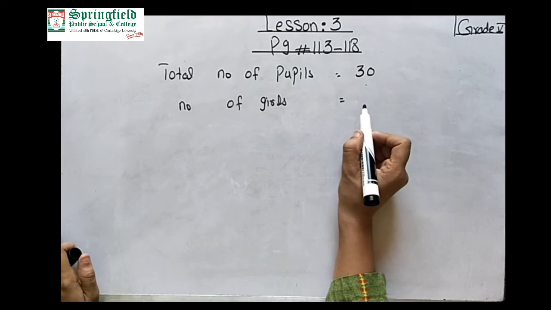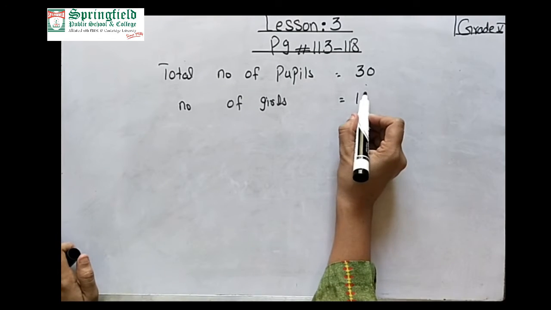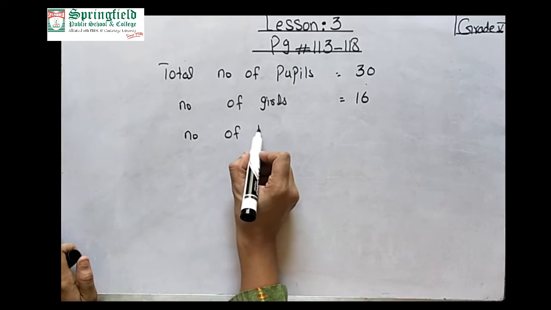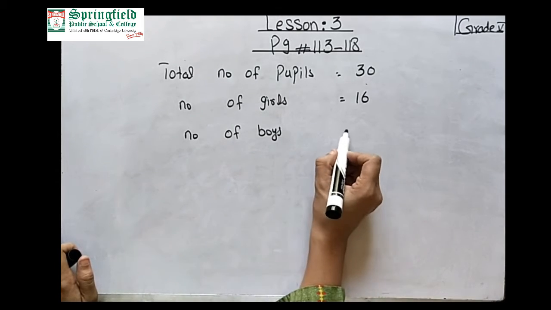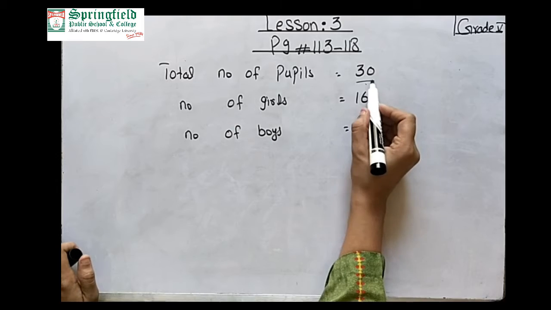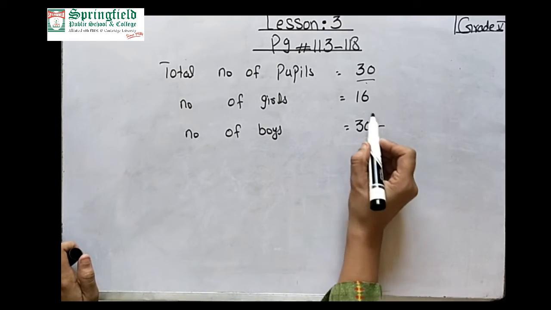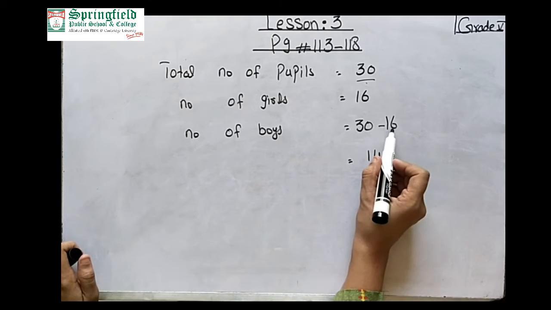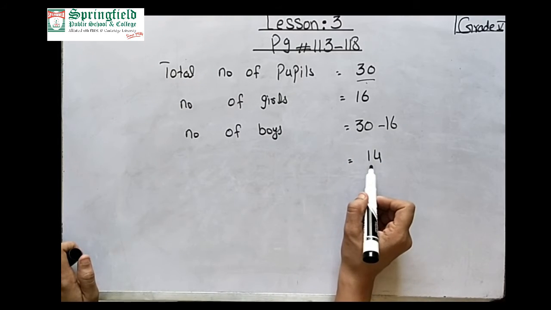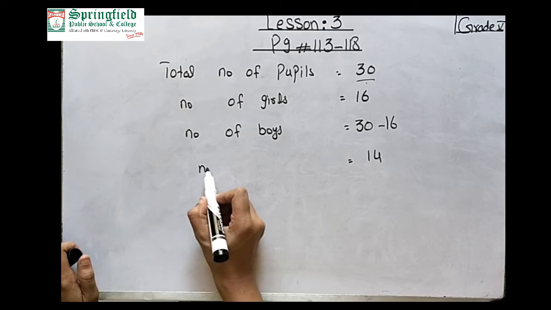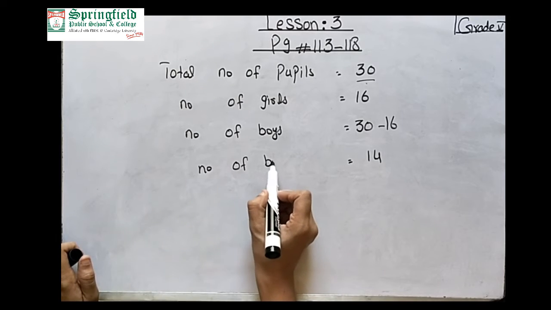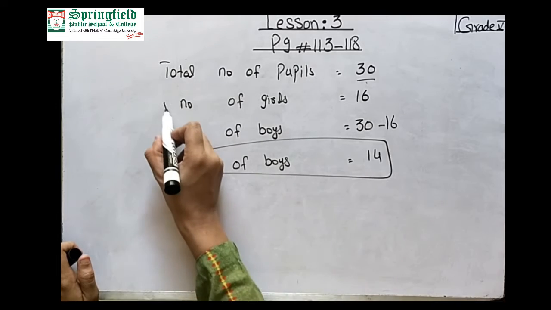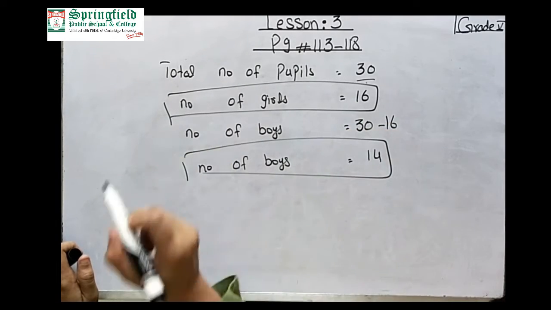The number of girls is 16. Then the number of boys will become total minus the number of girls. When we subtract 16 from 30, we get 14. It means the number of boys is 14 and the number of girls is 16.